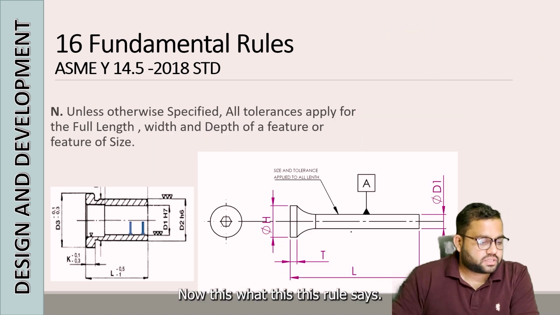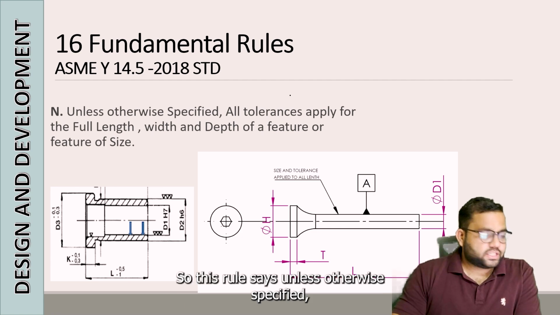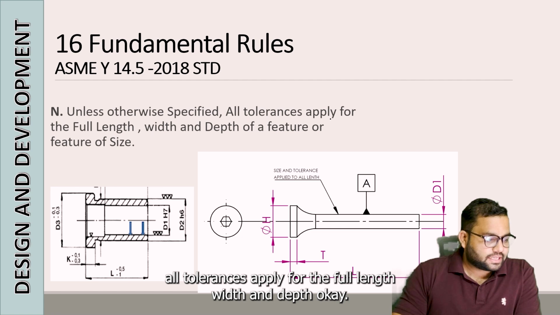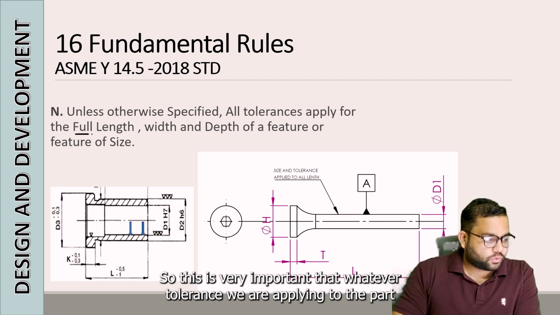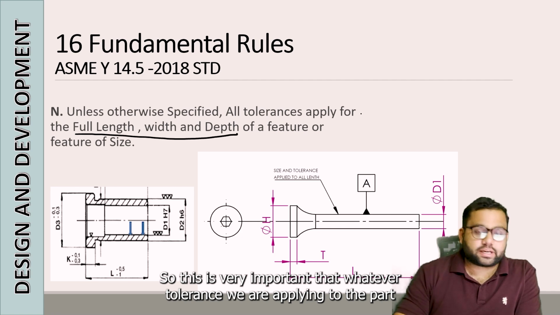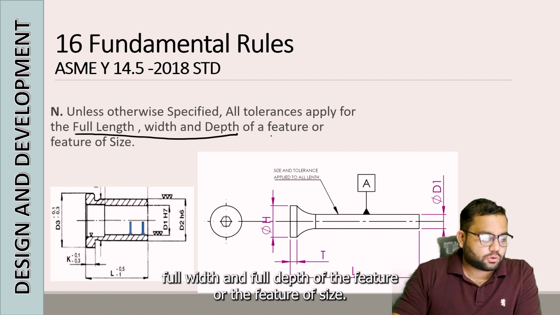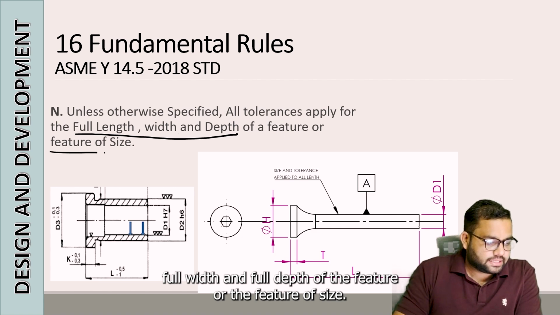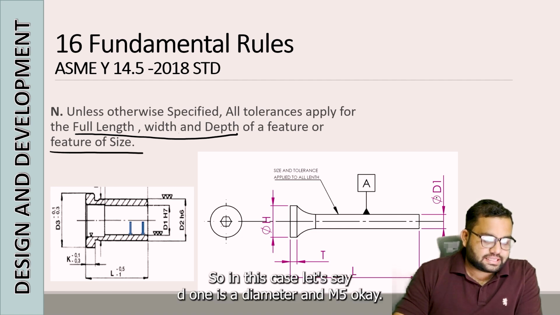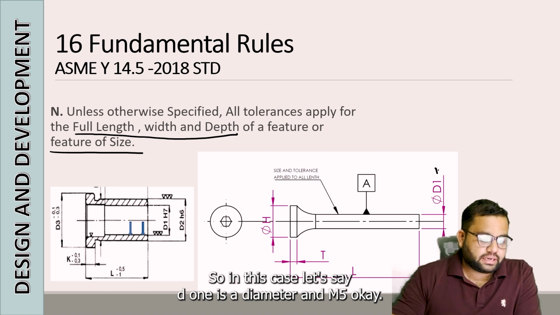Now what does this rule say? Unless otherwise specified, all tolerances apply for the full length, width and depth. This is very important: whatever tolerance we apply to the part on the engineering drawing is applied on the full length, full width and full depth of the feature or feature of size. Let's say D1 is a diameter and M5.